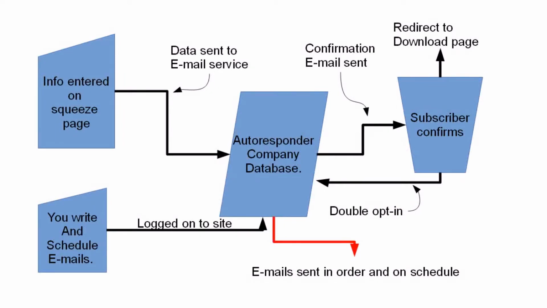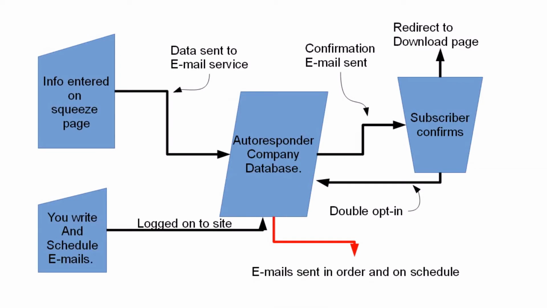So that's basically how the process works, and it works that way regardless of which type of autoresponder service you use. The only difference being, if you decide to go down the self-hosted route, then the database is on your server rather than the autoresponder company's server. But that, in a nutshell, is how the whole process works.